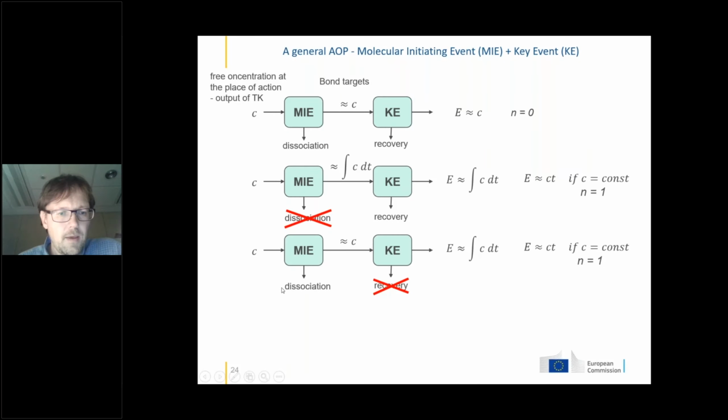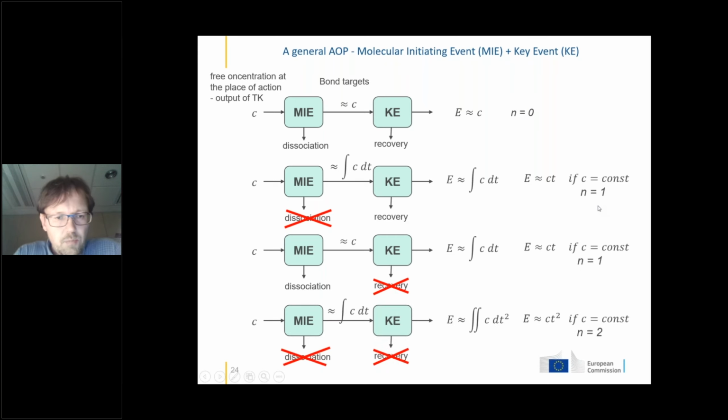You then take the opposite combination. So the MIE is not permanent, but there is dissociation available. But now the key event is of permanent nature, so there is no recovery available. Then you will get the same results as for the previous case. So again, effect proportional to the concentration and time. So n equals 1.